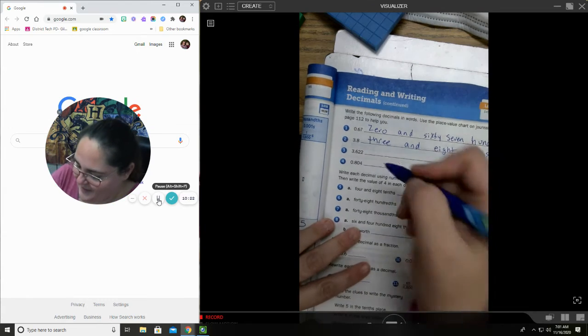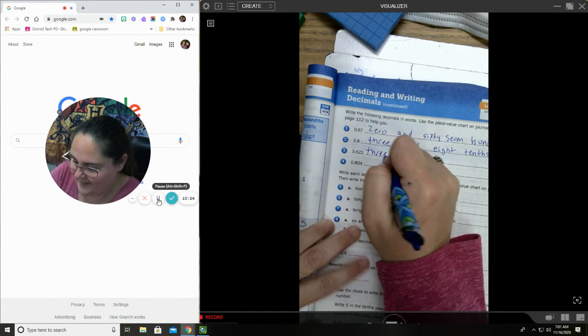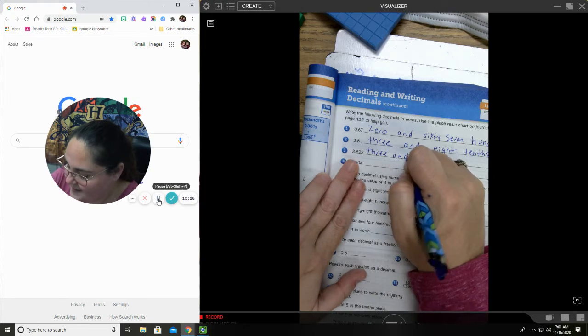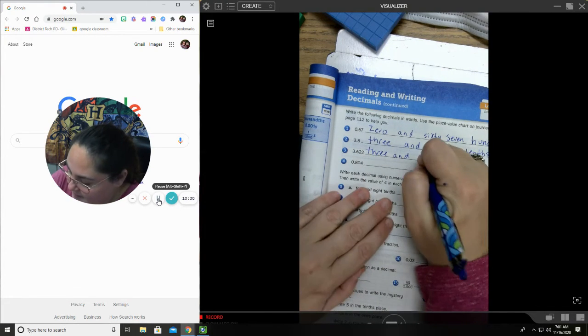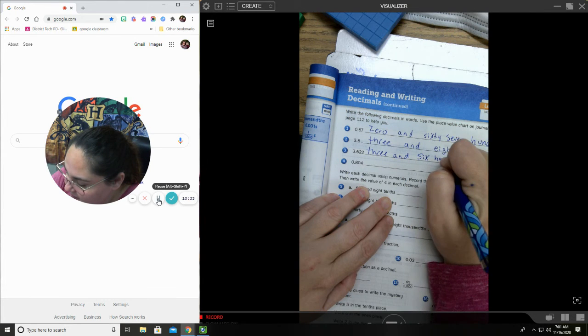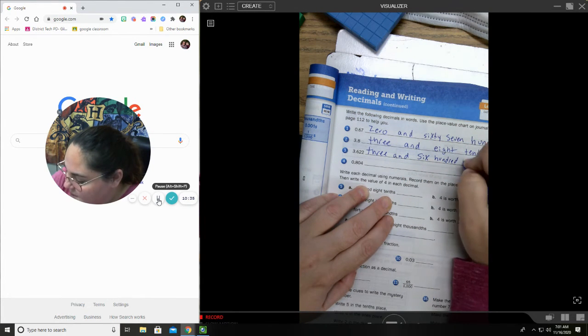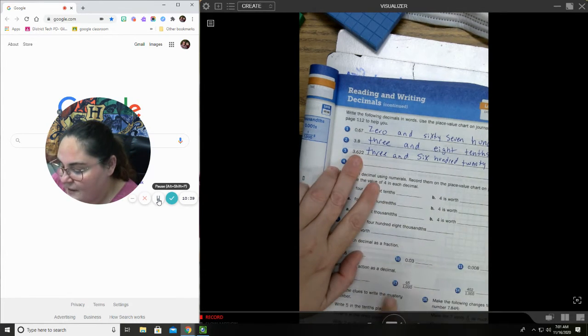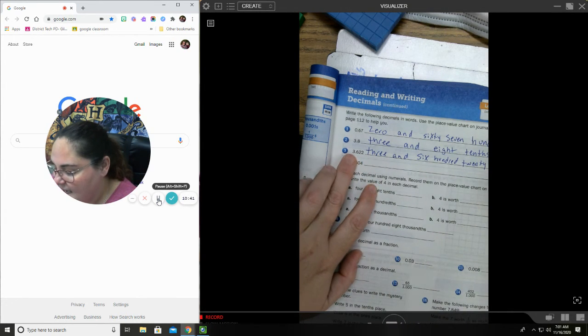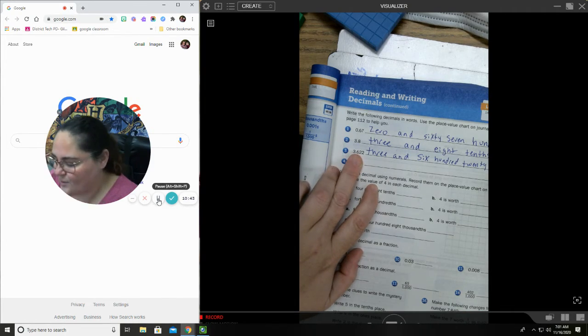All right, you should have written 3, and I'm looking at that whole number. It's 622. And my place value for that last 2 is, let's see, tenths, hundredths, thousandths.